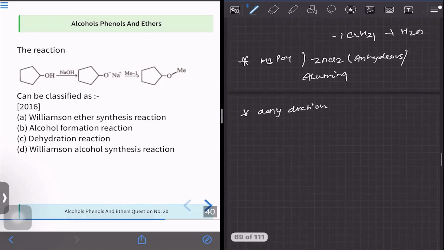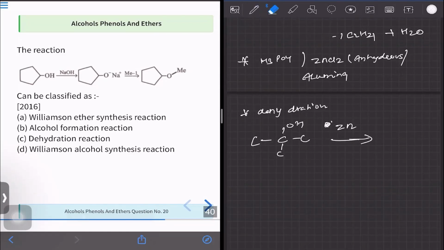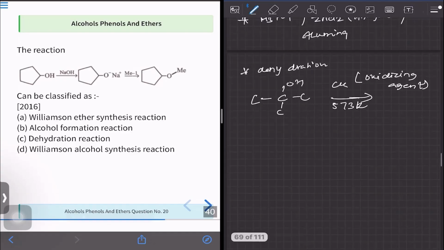We all know tertiary alcohol, in the presence of copper at 573 Kelvin. See, copper is an oxidizing agent. We all know that in oxidation, alcohol produces aldehyde or ketone.